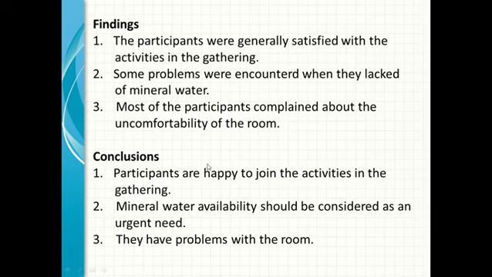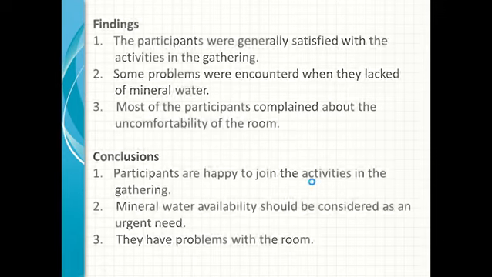What about the conclusion? The conclusions are also related to the findings and the procedures. For example, the first conclusion says that the participants are happy because the finding says that the participants were generally satisfied. So it relates one another.